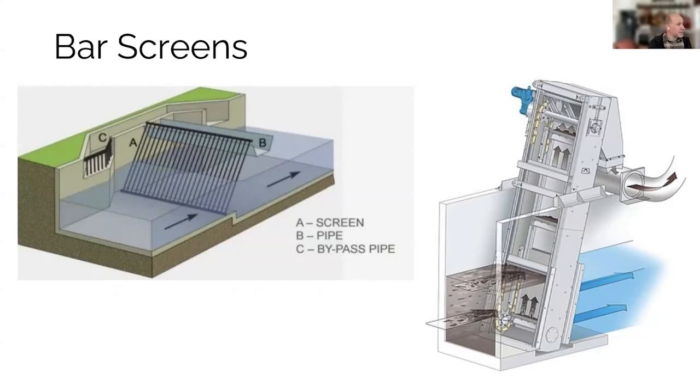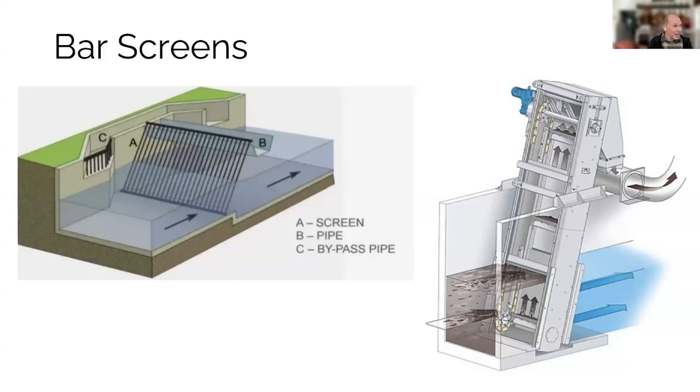And then on the side, you'll typically have some sort of bypass pipe so that if things get backed up or some maintenance needs to be done, there is a way for the flow to go around. The version on the right is basically the same operating principle, except it has a mechanical cleaner on it. In this case, there's a rake on the front that is periodically cleaning the trash off.